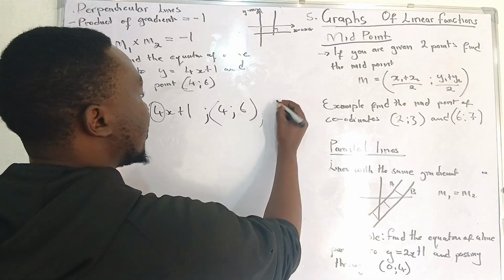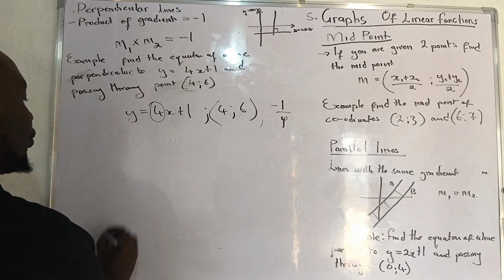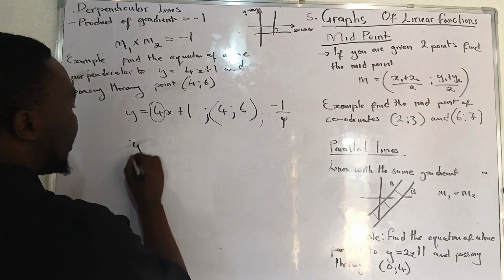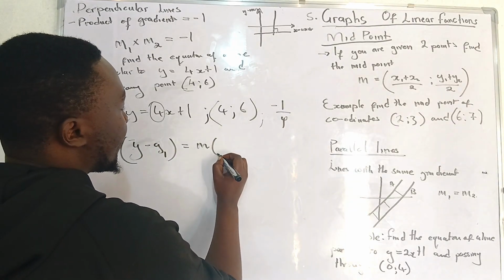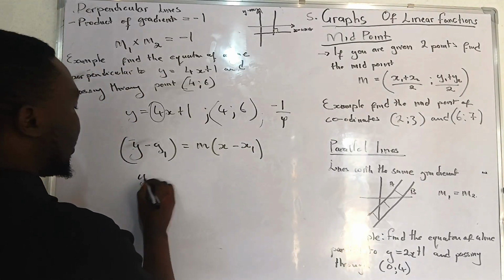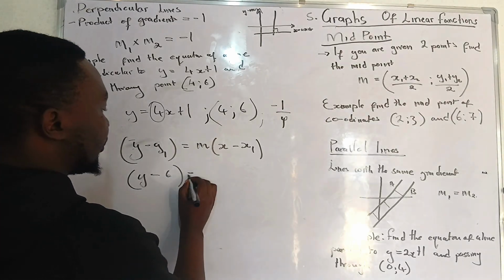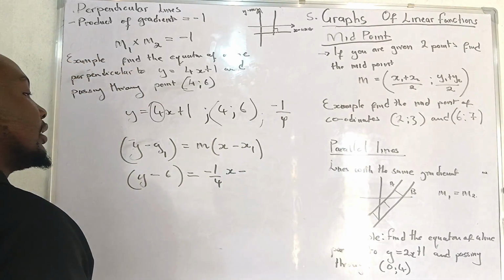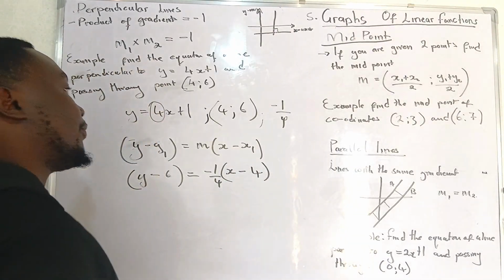We can go ahead and use our equation: y minus y1 is equals to m times x minus x1. So we say y minus y1, which is 6, is equals to our gradient times x minus our x1, which is 4.